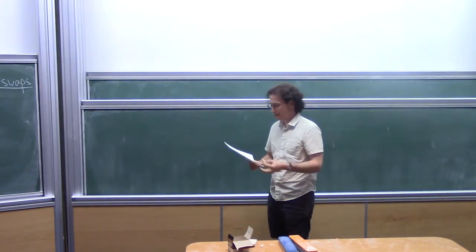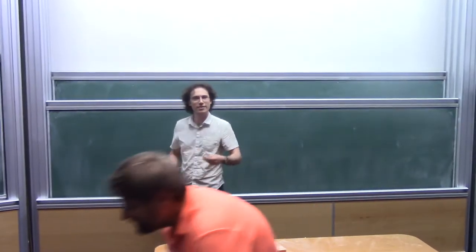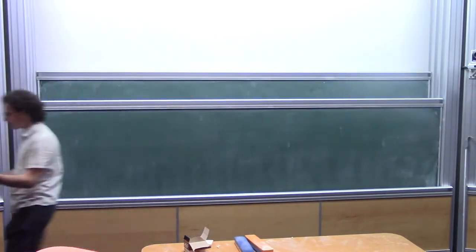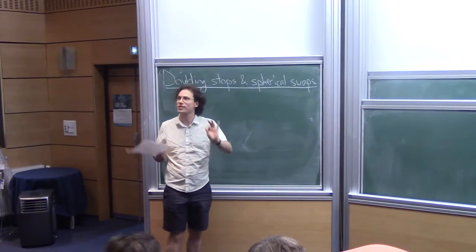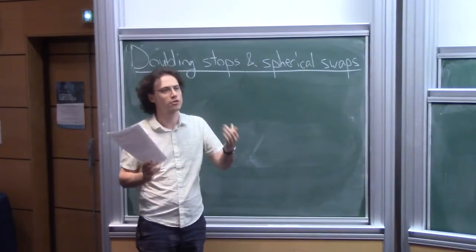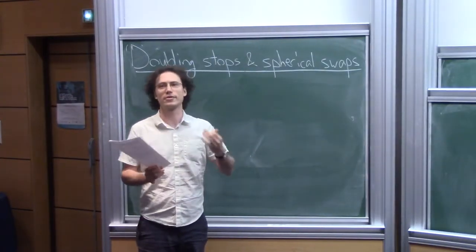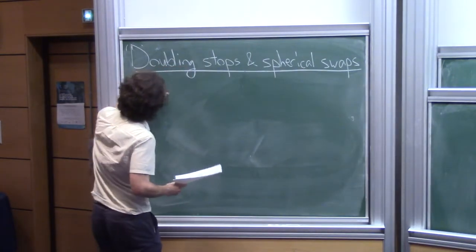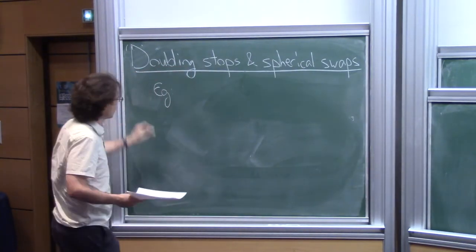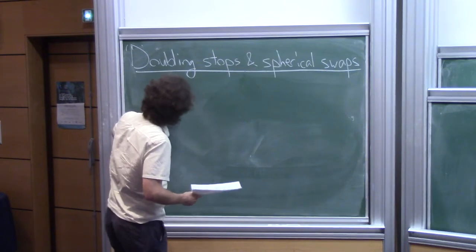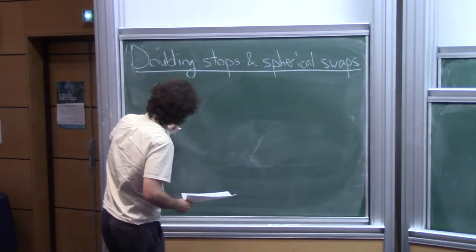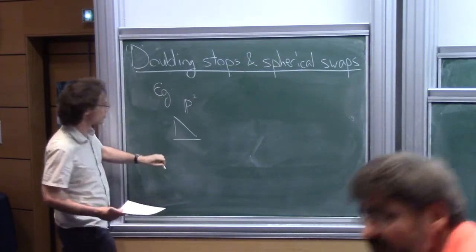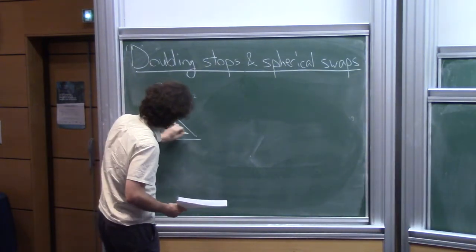Okay, so I'm going to be talking about stops, but before I directly get to stops, let me give an example that will show the type of thing that I want to explain. So we start with, say, P2. Let me just draw.